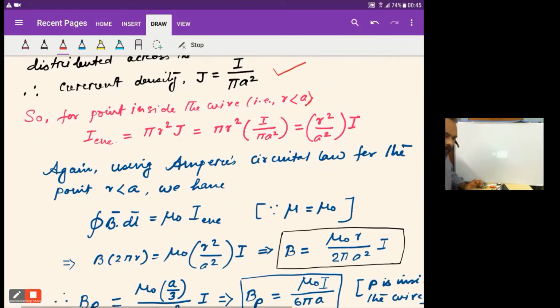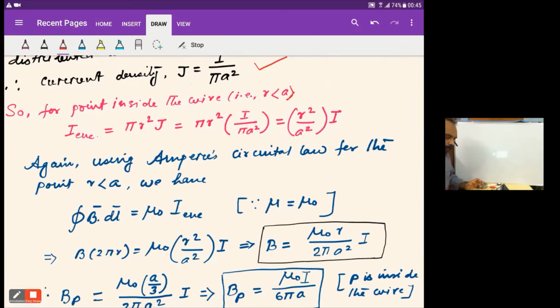Again, we have to use Ampere's circuital law for the point R smaller than a. So we have B dot dl is equal to mu naught I enclosed. We can write mu naught since mu is equal to mu naught. We already got it.